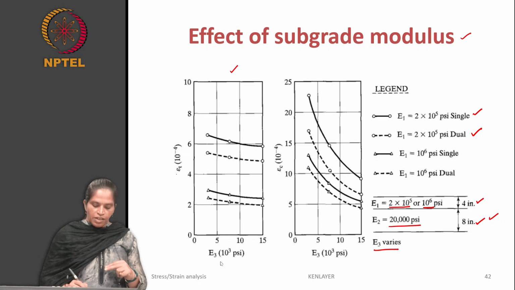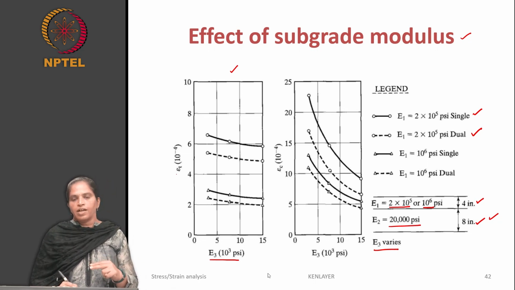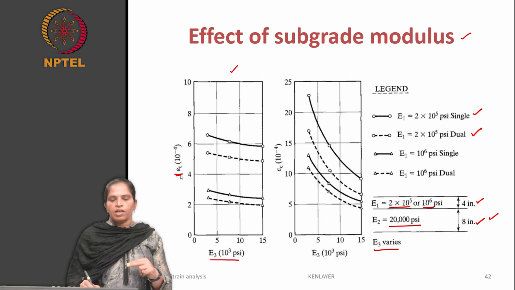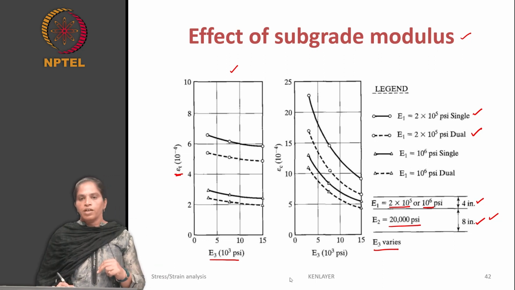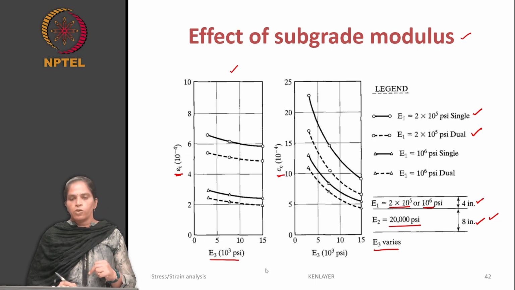Now, let us focus on epsilon T values. Epsilon T versus E3 is nearly a flat curve for all 4 cases. This indicates that variation in the subgrade modulus does not much influence the epsilon T value. We see a quite opposite trend when we look at the epsilon C value.